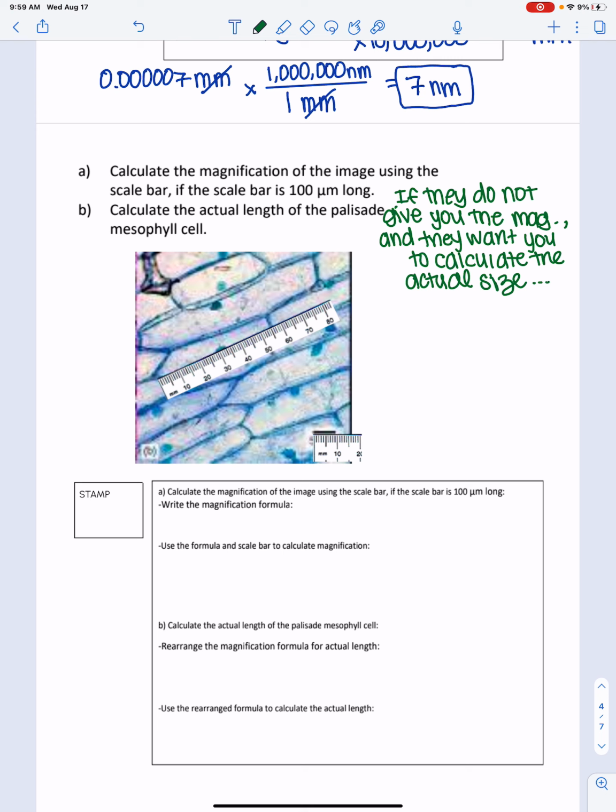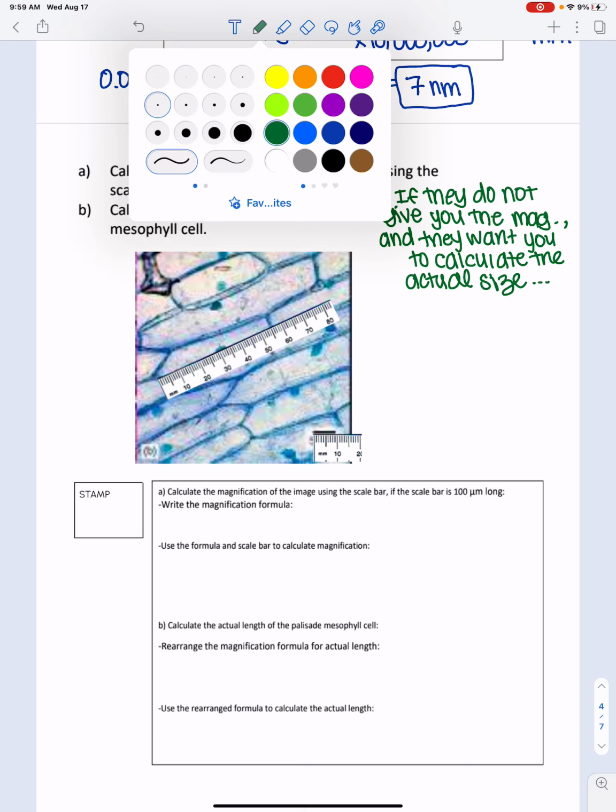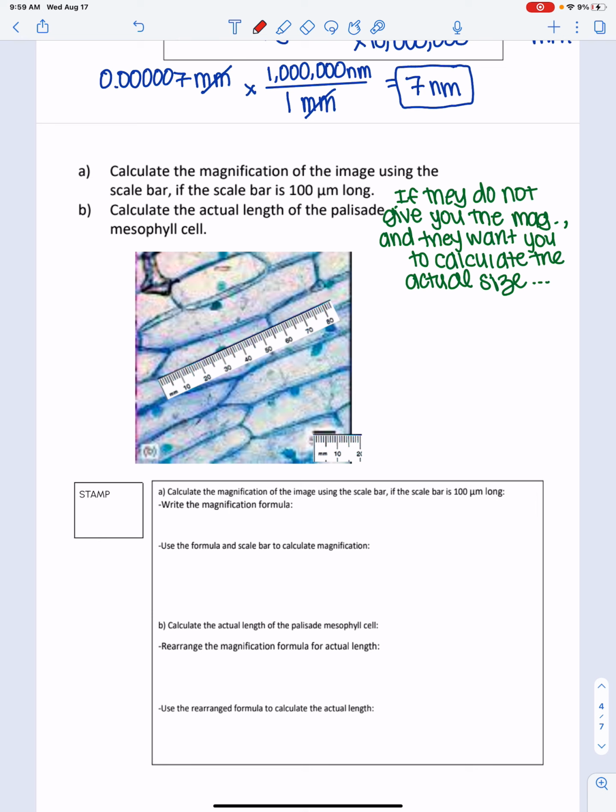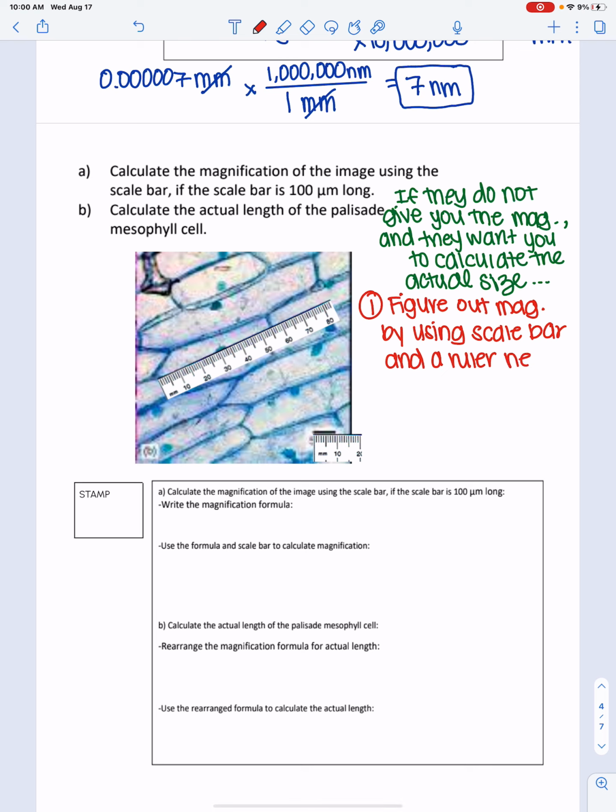The first thing you're going to do is figure out the magnification, and you're going to use the scale bar and a ruler near the scale bar.